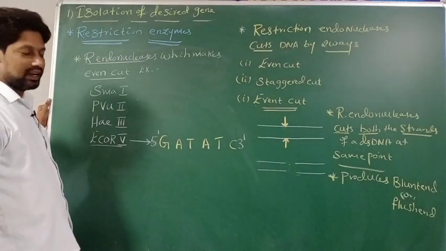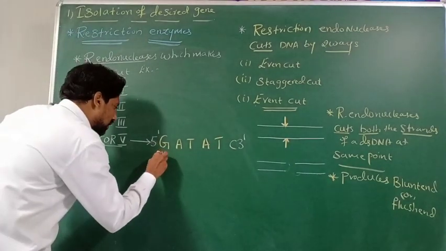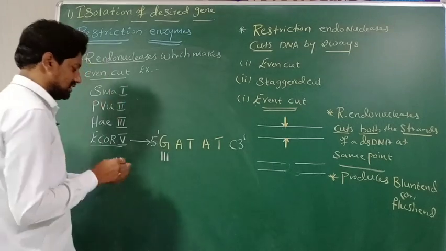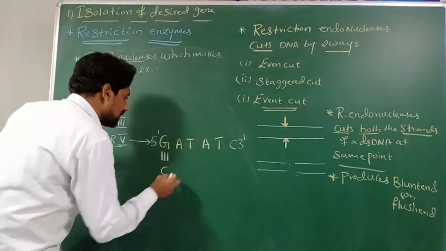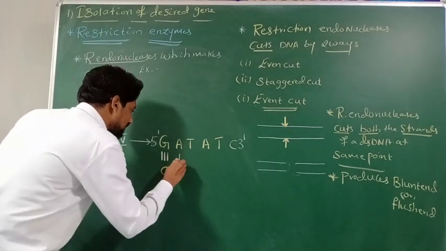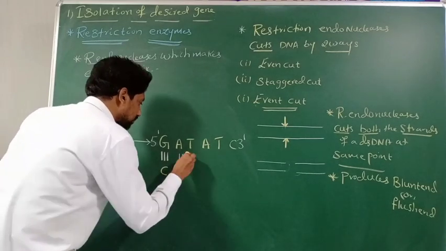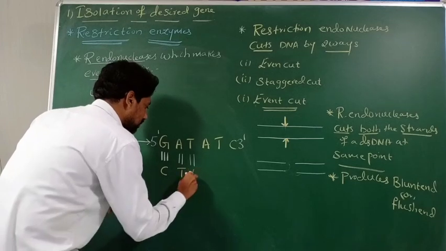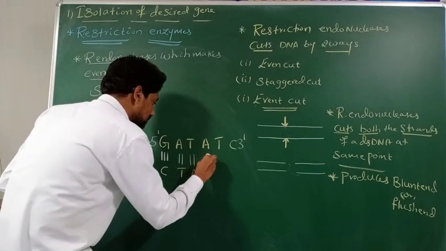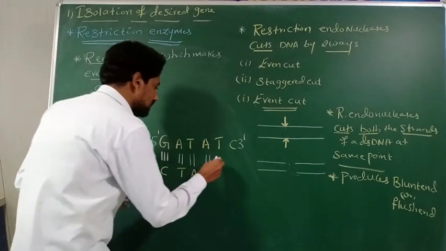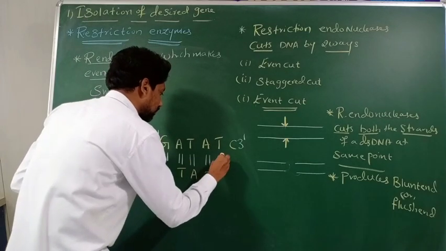Is this statement okay? G pairs with C. A pairs with T. T pairs with A.